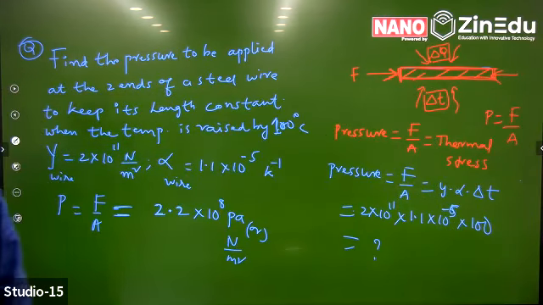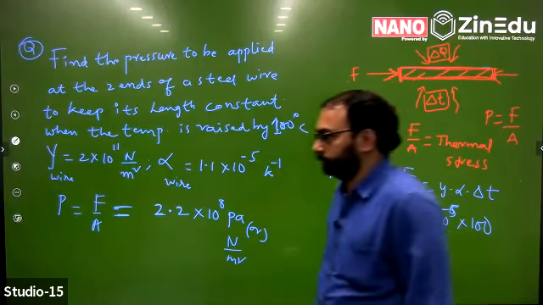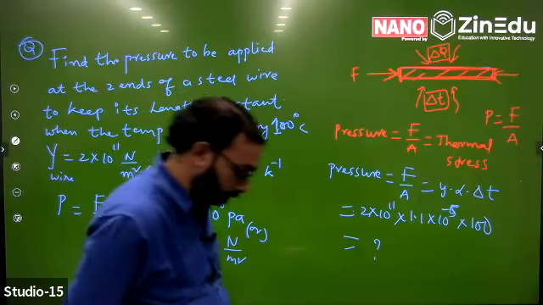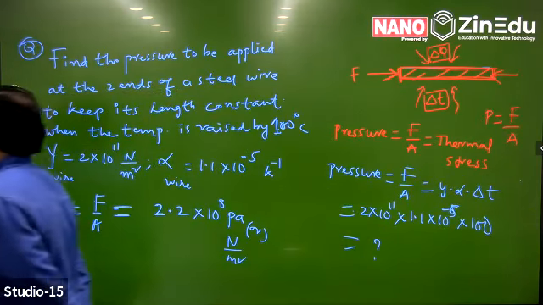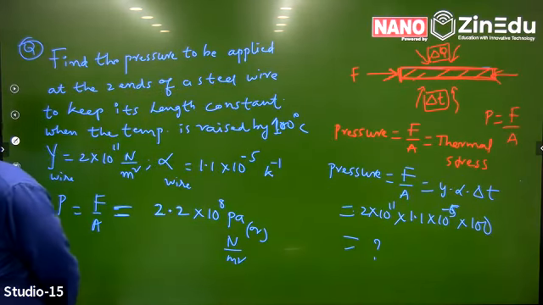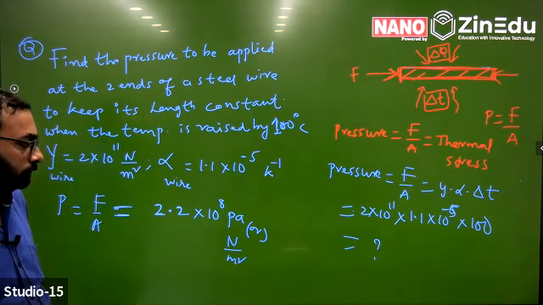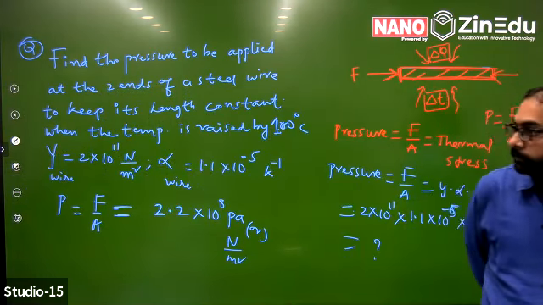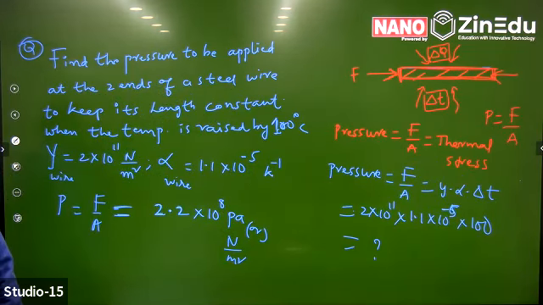Pressure 2.2 into 10 power 8 Pascal. Completed?